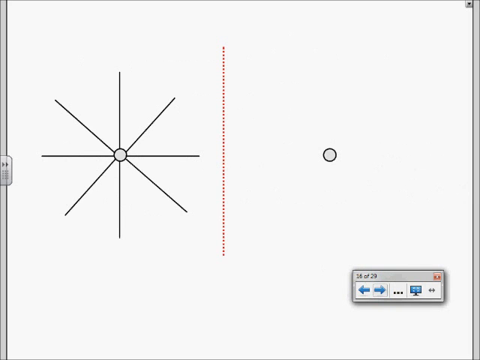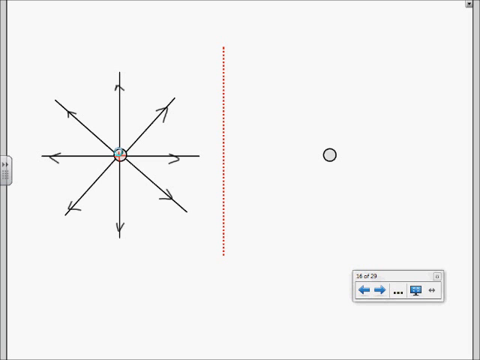Okay, so just drawing a few diagrams. This first one will make this a positive charge. So if we have a positive charge, by definition, the direction of the field lines is away from that positive charge.